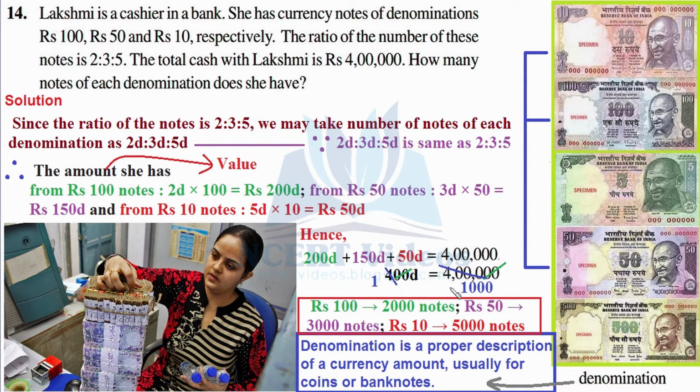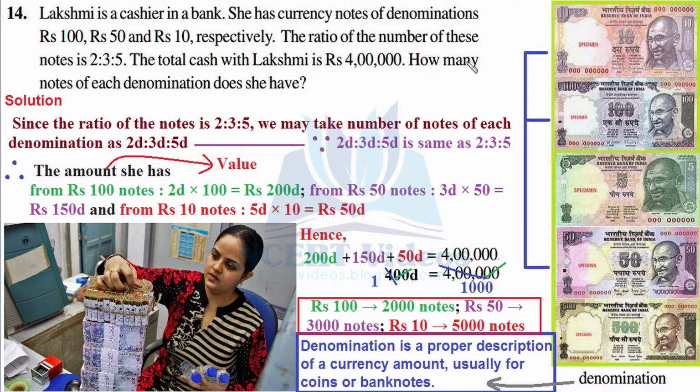So the value that defines that paper is termed as denomination in finance vocabulary. That is, how we know that this is a 10 rupees note, because it is of 10 denomination. Again, it is of 100 denomination. That is, the value inscribed on a note or a coin is termed as denomination.